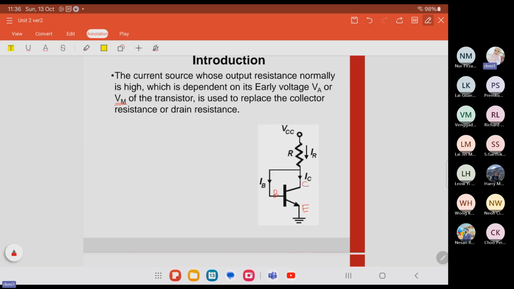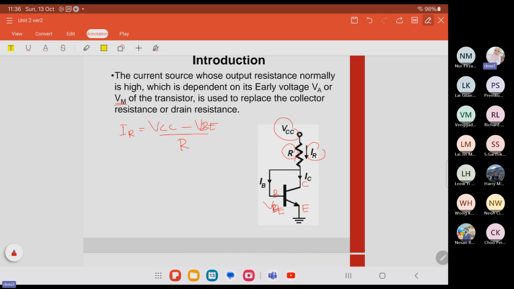So from this, we can say that IR is equal to VCC minus VBE over the value of the resistor. VCC is this one, VBE is here.